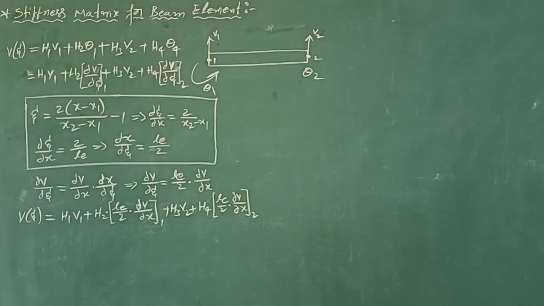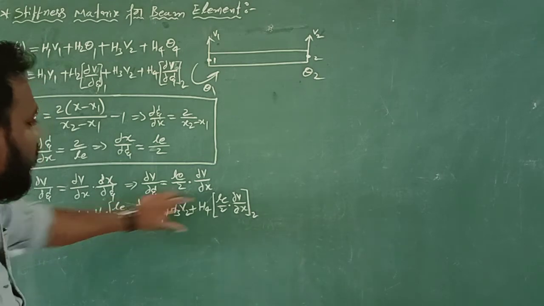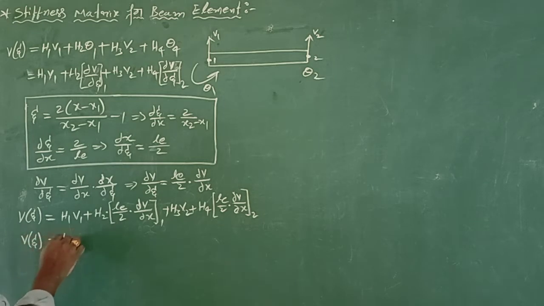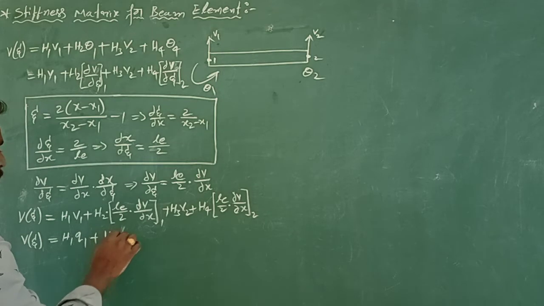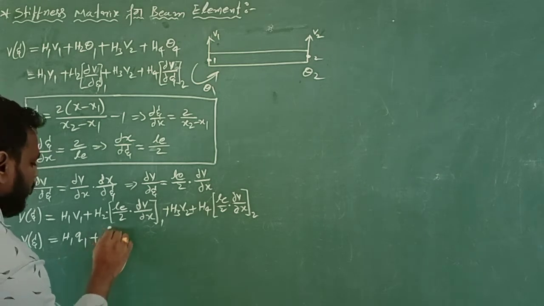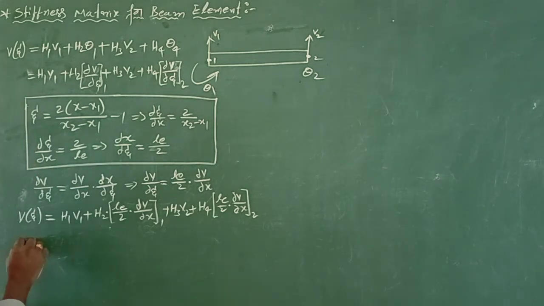Okay, finally we got this equation. It can be written as v of j is equal to h1 q1 plus h2 q2. First write in natural coordinates.